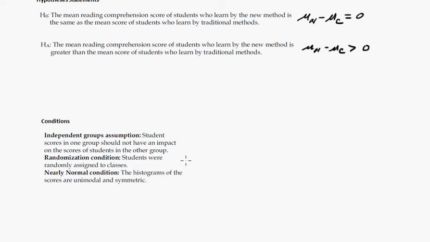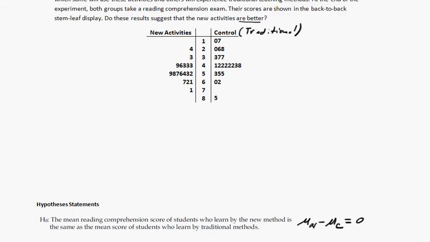So now we have a little bit of work to do. So what I suggest you do is, as quickly as possible, put the data into L1 for the new method and the data into L2 for the old method.